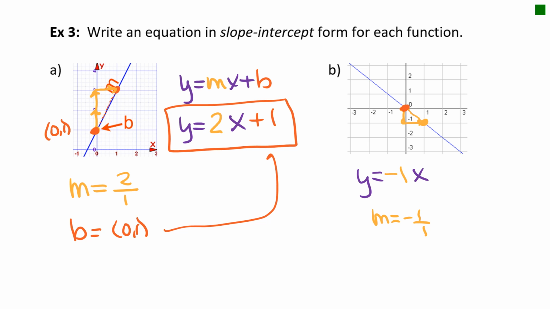B, find where the line crosses the y-axis. It's at the point 0, 0. So my y-intercept is 0, 0. I'm going to write the y value of that. So I would put plus 0. Pretty sure that most of the time you would just see y equals negative x on that because the 1's pretty hidden and the plus 0 is pretty hidden.